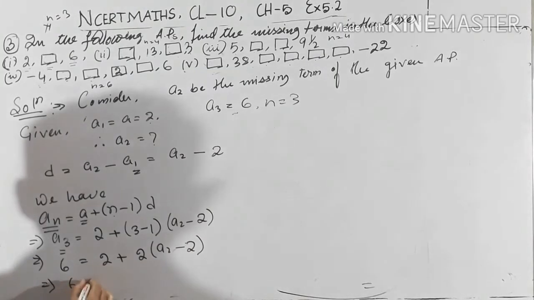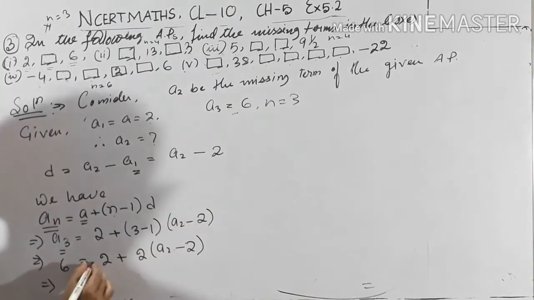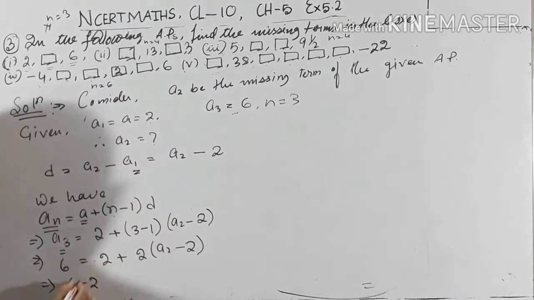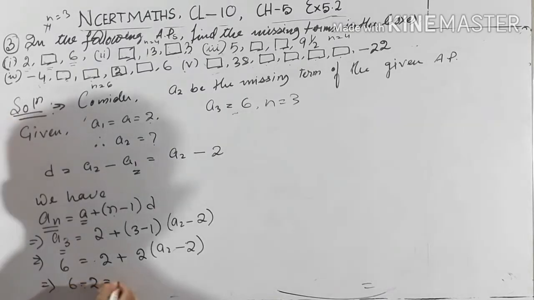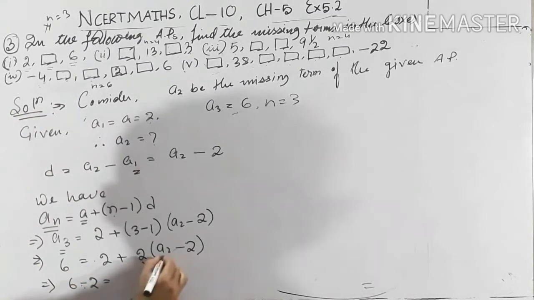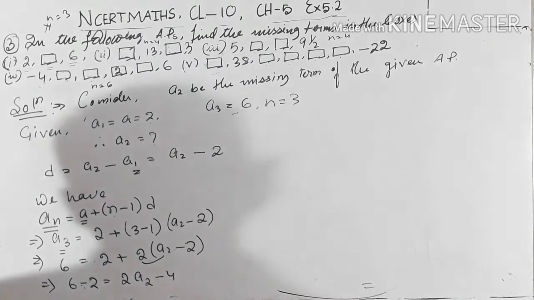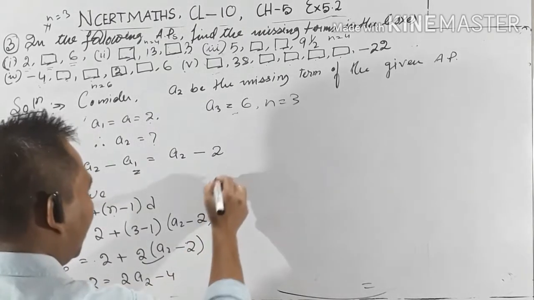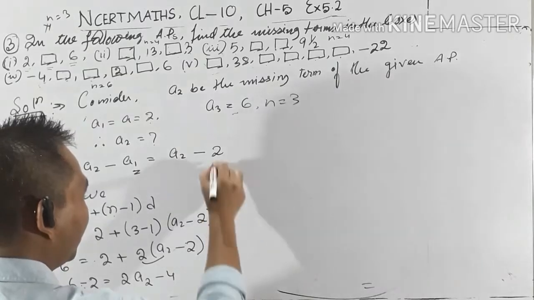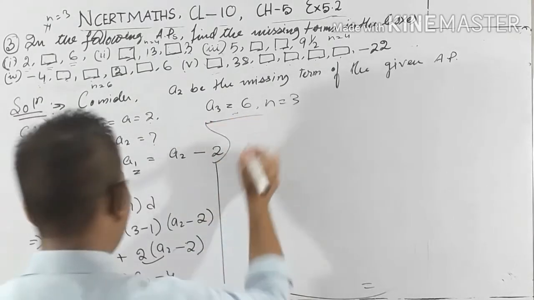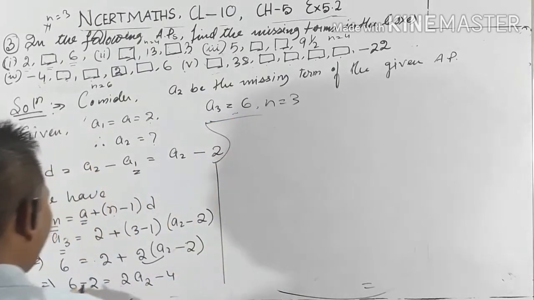Let us transpose it. On transposing, the plus becomes minus, so 6 minus 2 is 4.